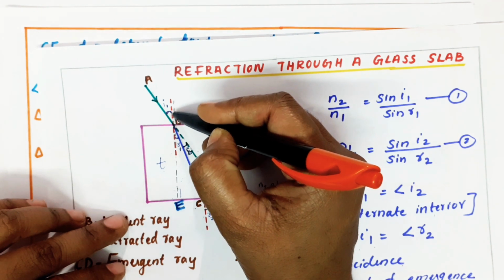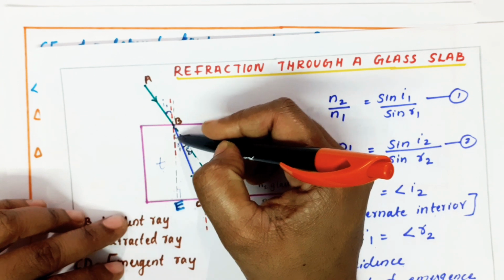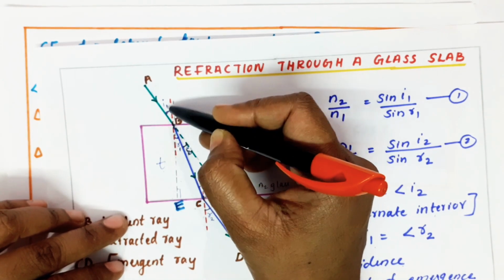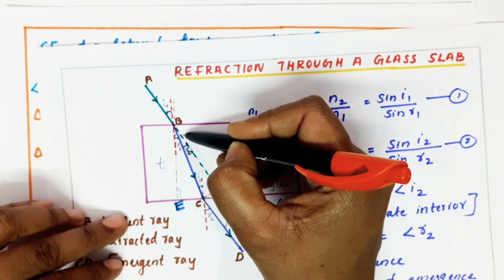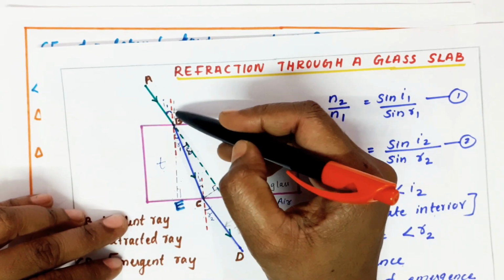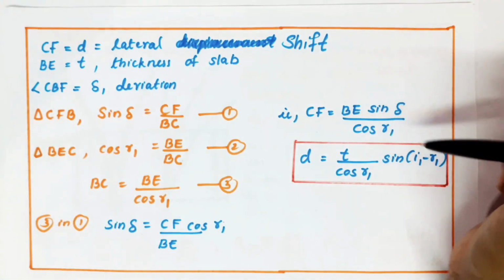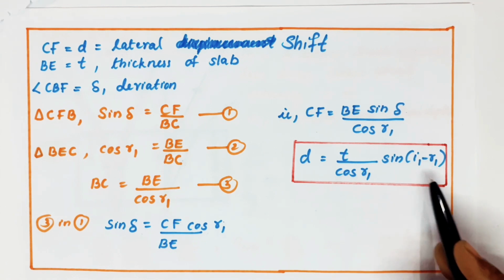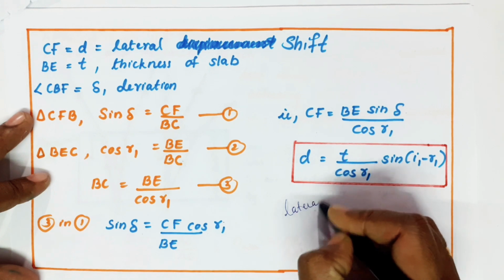And see in this, i1 and this angle are vertically opposite angles. We know that vertically opposite angles are the same. So we can write delta as i1 minus r1. So in place of delta I wrote i1 minus r1. So this is the equation used to find the lateral displacement or lateral shift.